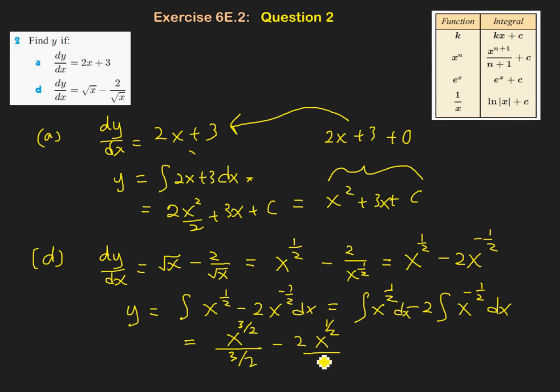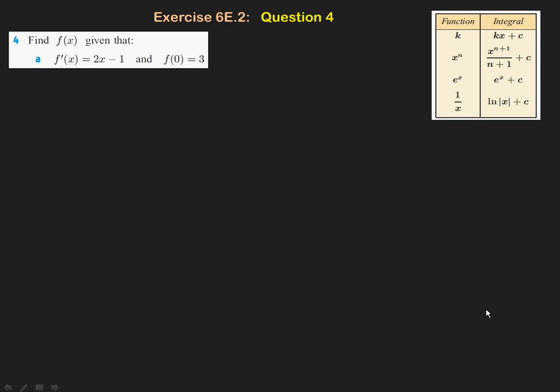Do not forget the c, and you should get 2 over 3 x to the 3 over 2, just simplifying, and this is minus 4x to the power half plus c. Okay, now moving on, one more, I think I'll do question 4.